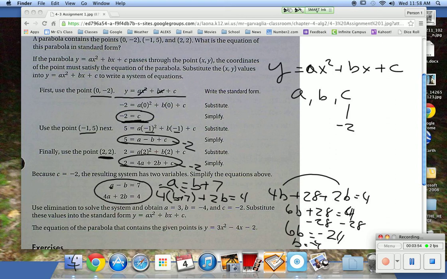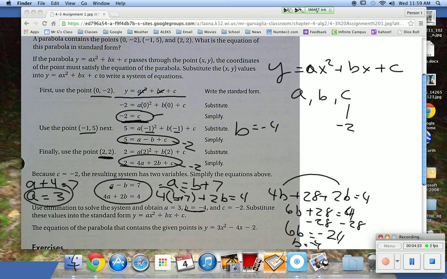Okay? And that's what they figured out right here. b equals -4. So now I have my b and my c. I know my c equals -2. I know my b equals -4. I can plug this -4 back into here. So I can say a plus 4 equals 7 because it's negative out in front of it. Okay? Bring that over. a equals 3.